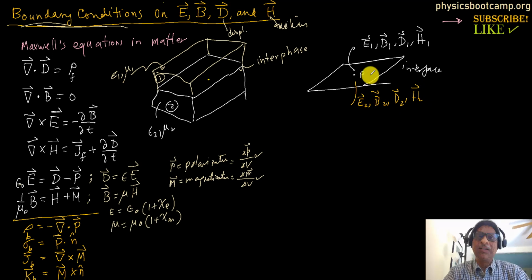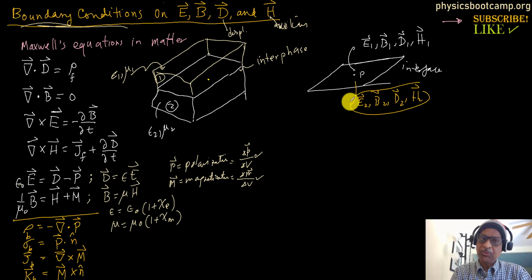And the question is, is there a relationship between them? Those are called boundary conditions, and it's very useful in solving problems, as you will find out. If, for instance, you knew this, then you can get these just by using the boundary condition. So let's work out how these equations give us the boundary condition.